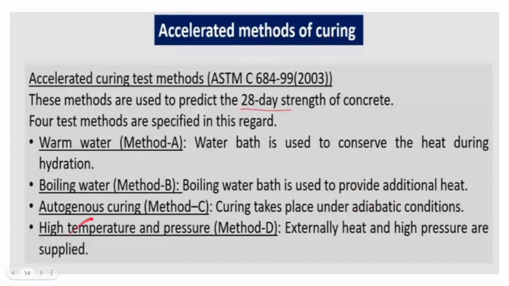Third, method C, is autogenous curing. Here curing takes place under adiabatic conditions. Fourth is high temperature and pressure, which is the autoclave, method D. Here external heat and high pressure are supplied. This is as per ASTM C 684/99 2003.